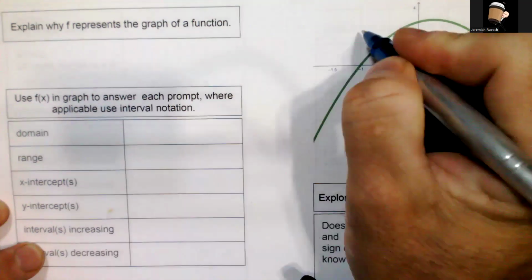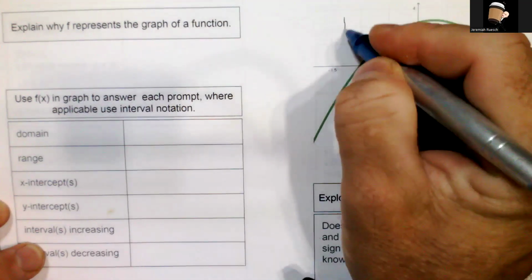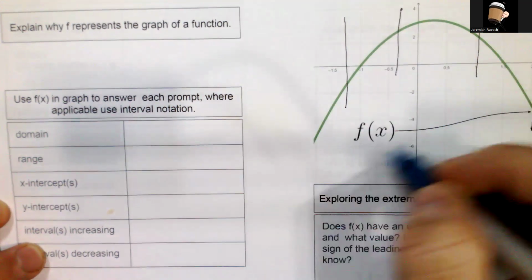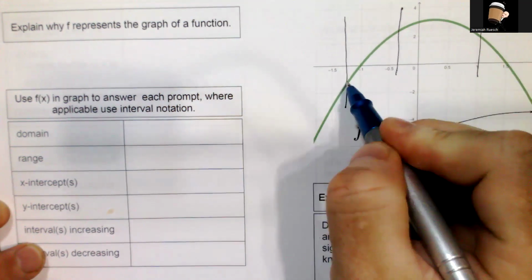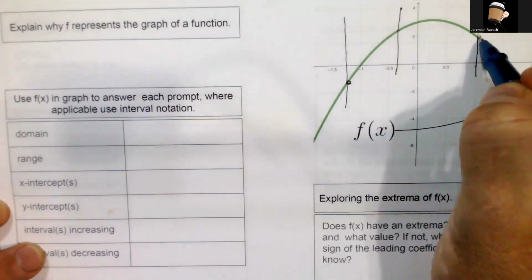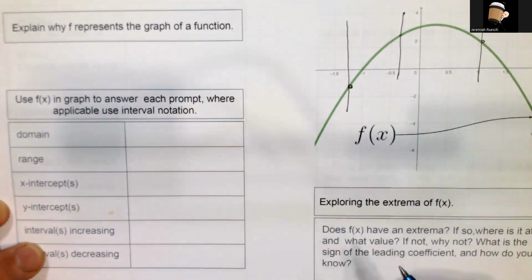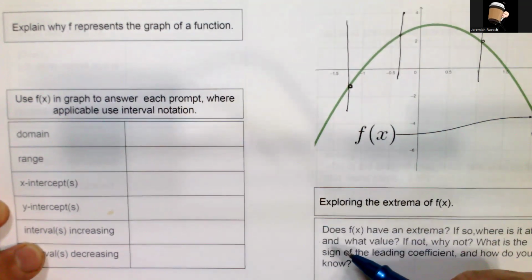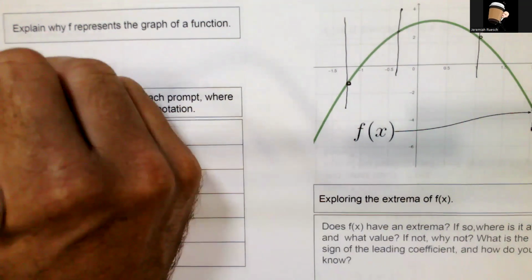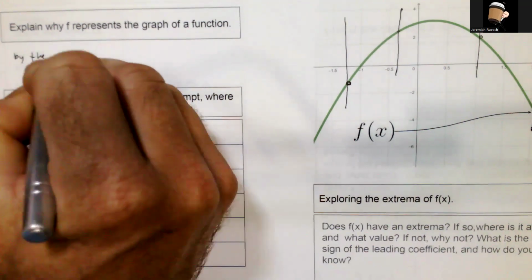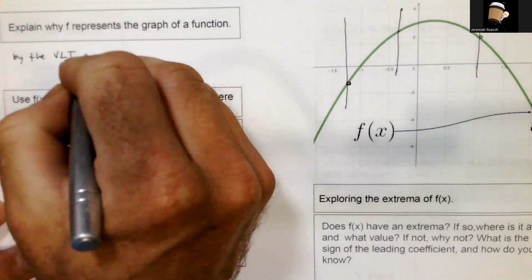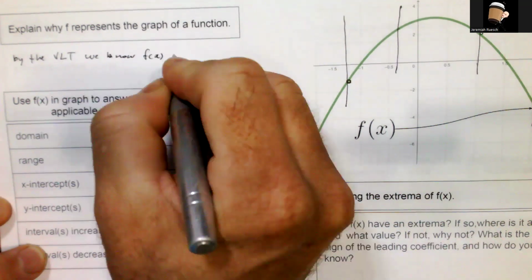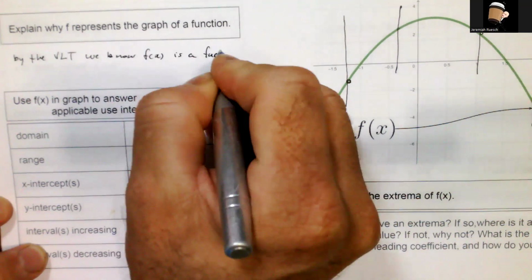Well, if we draw a vertical line at any point along this curve, we notice that any of the vertical lines intersects the green graph at most one time. So by the vertical line test, we know f of x is a function.